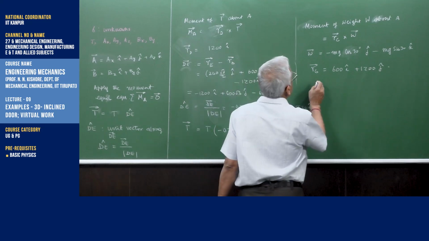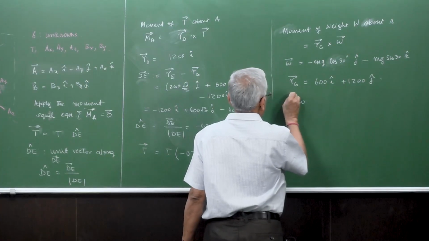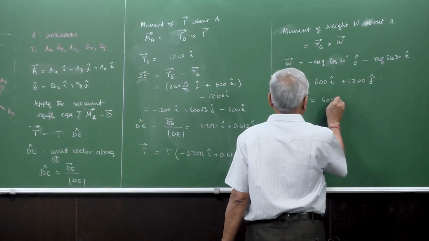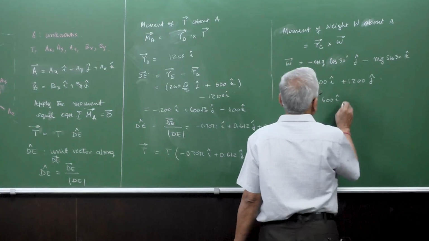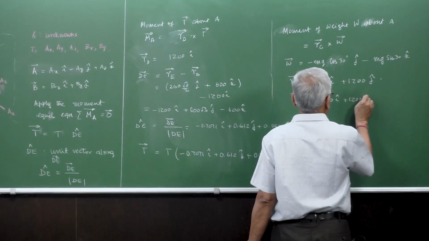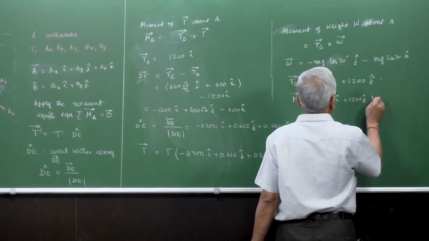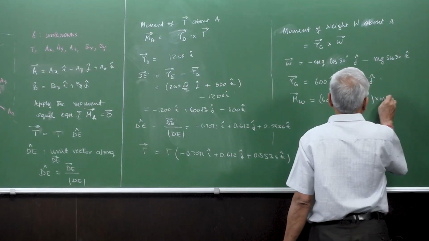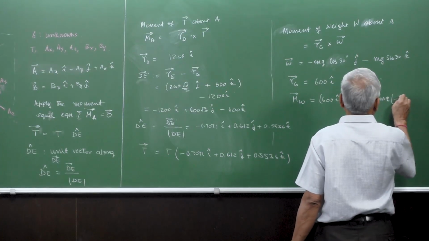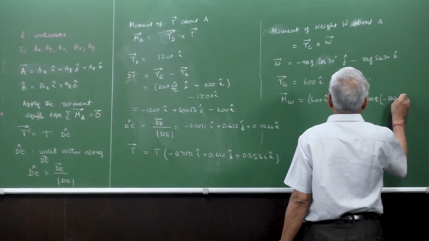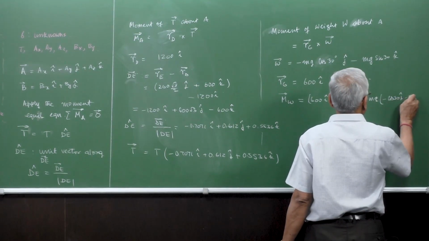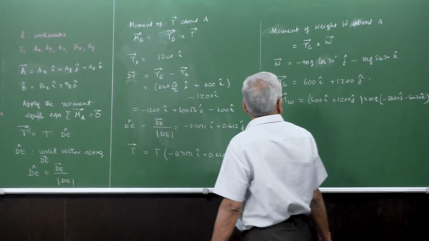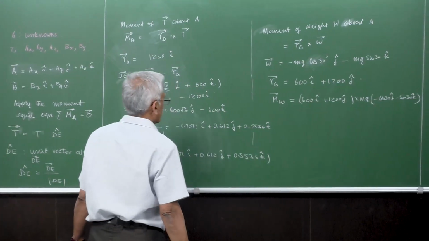Okay, so the moment of weight is now Rg, which is 600 i plus 1200 k, cross, I can take mg out, minus cos 30 j and minus sin 30 k. Okay, so this is here.